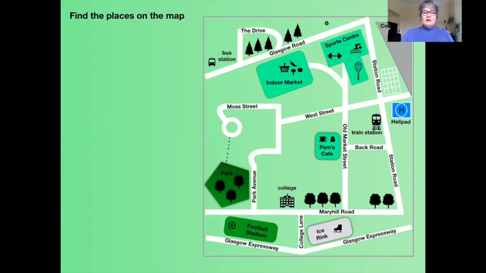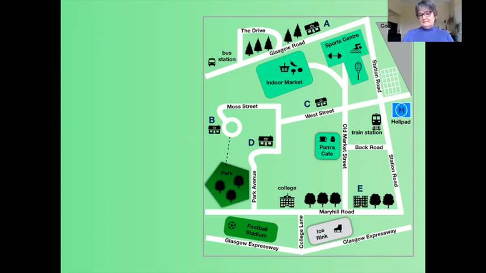Let's look at some more places on the map. Can you see the houses appearing? A, B, C, D, and E. Who lives in which house?